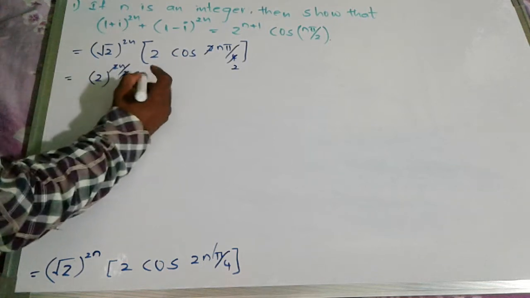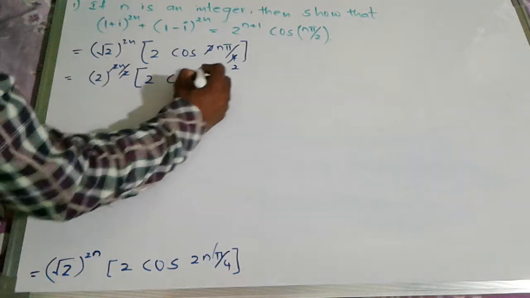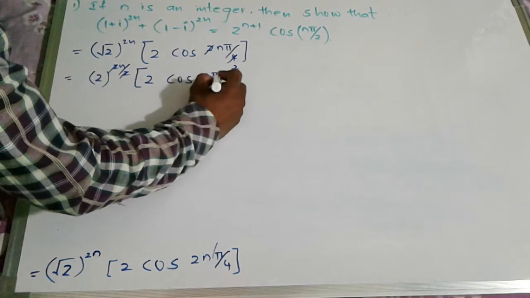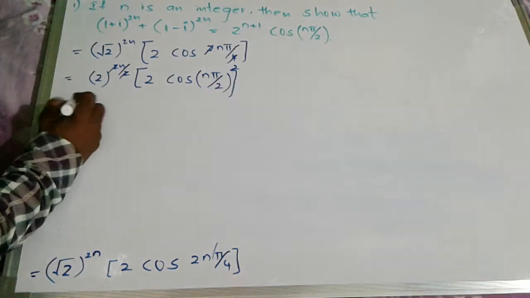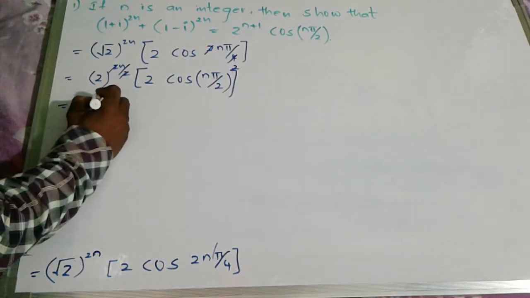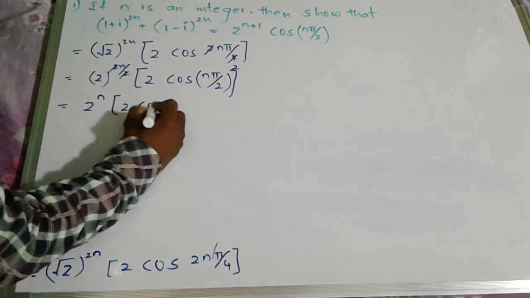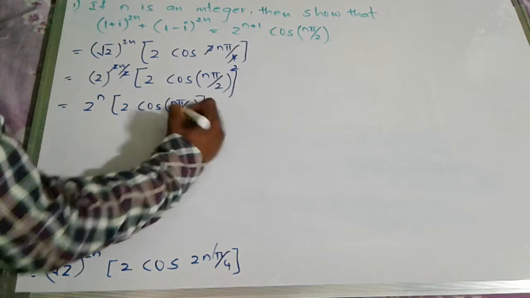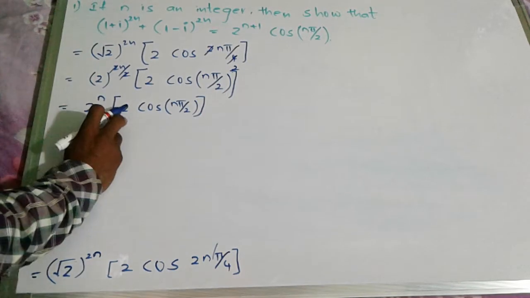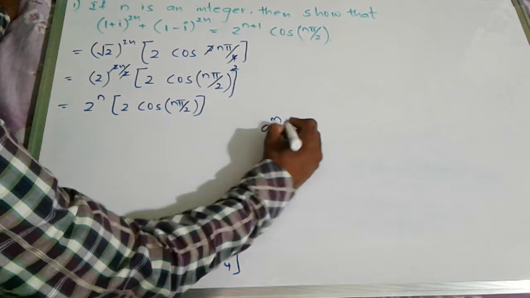Here 2 ones, 2 ones, 2 cos n pi by 2, and here 2 power n times 2 cos n pi by 2. Here the bases are equal, then the powers should be added, as you already know this very well.